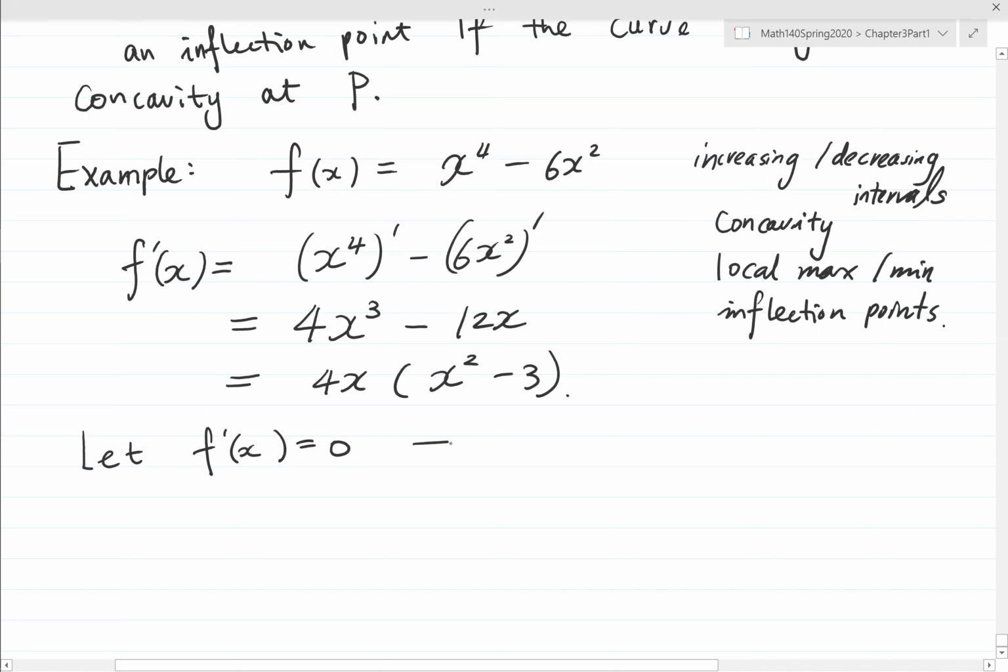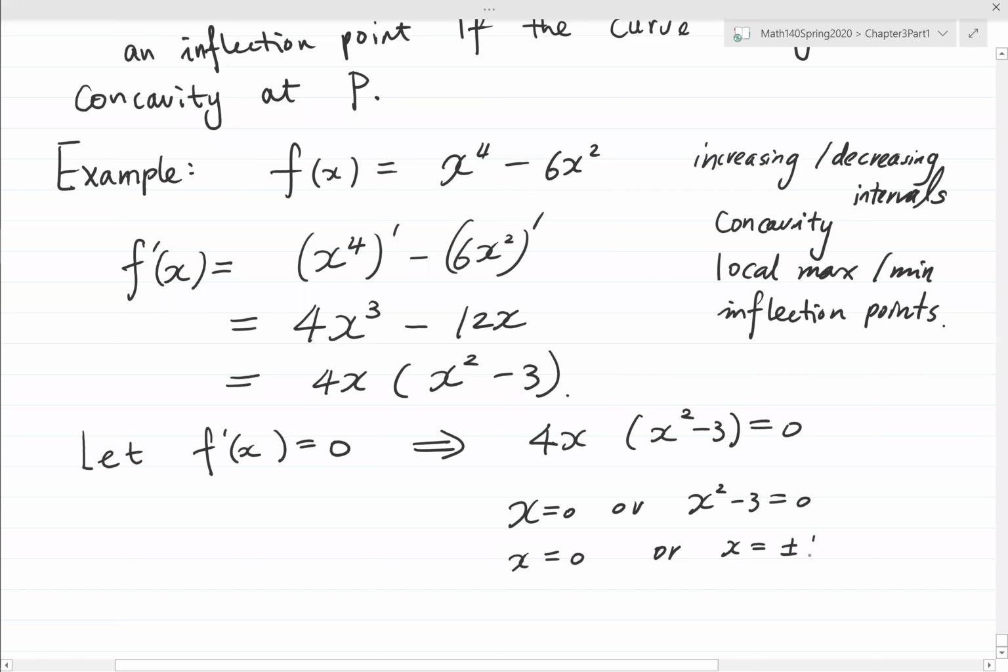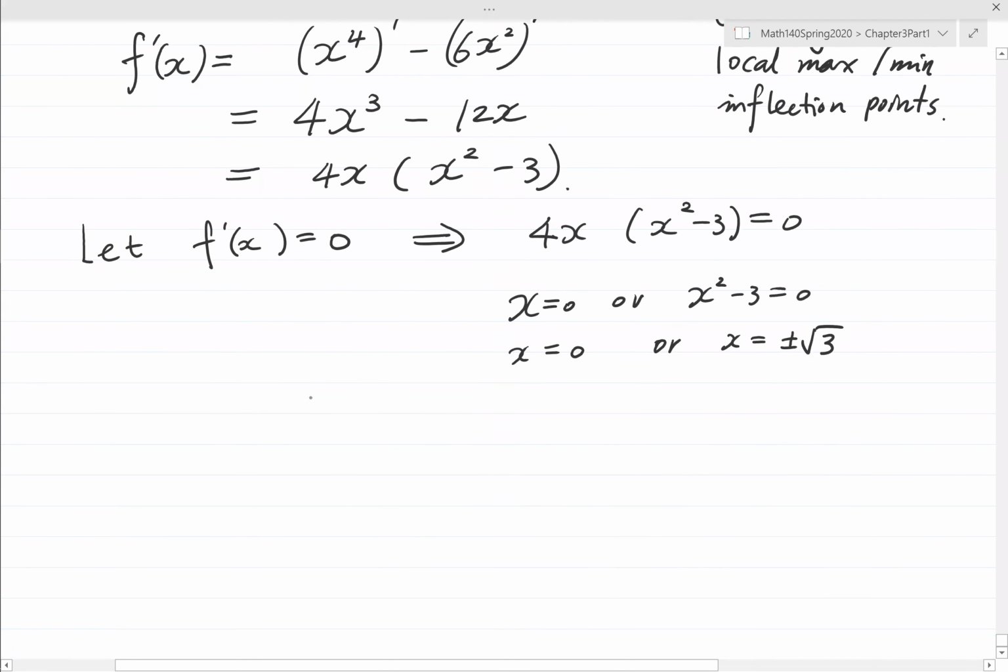We solve x is 0 or x squared minus 3 is 0. So x equals 0 or x equals plus or minus root 3. Now you see we have three critical numbers: negative root 3, 0, and positive root 3.